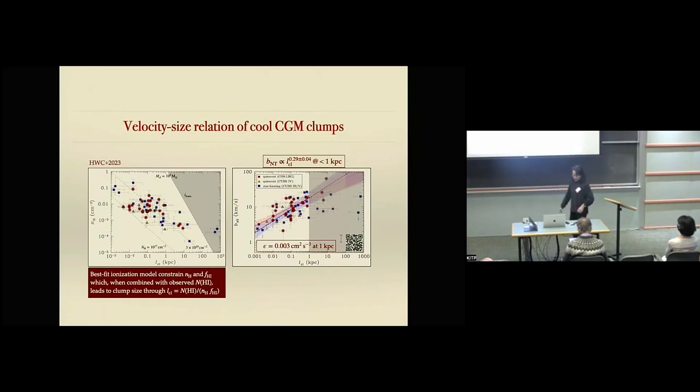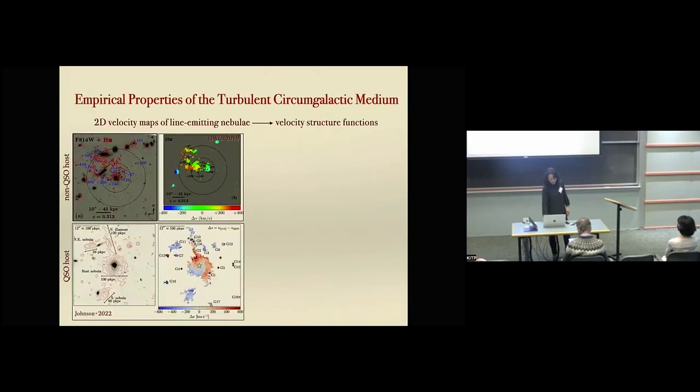That gives us the inferred energy transfer rate comparable to what people see at high redshift. And the size here is very much comparable to what people see in 21 centimeter survey in the Milky Way halo as well.